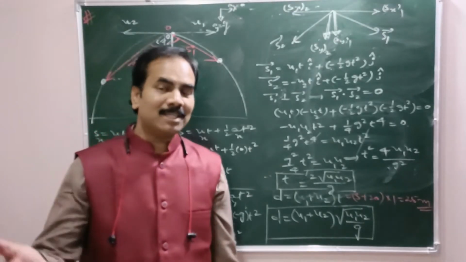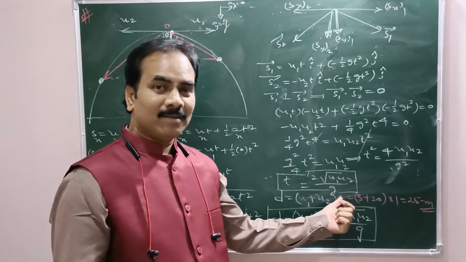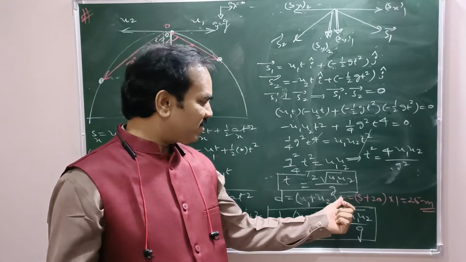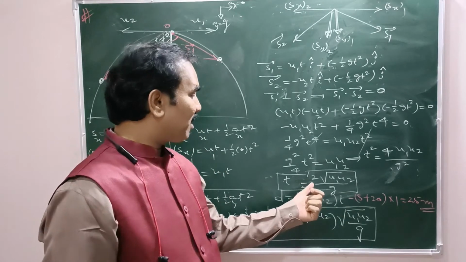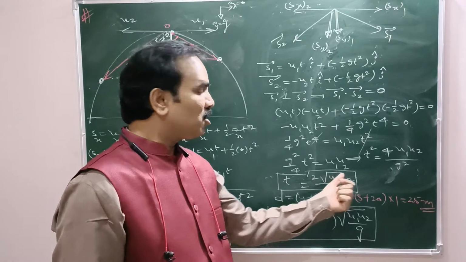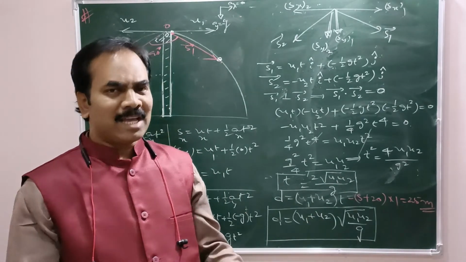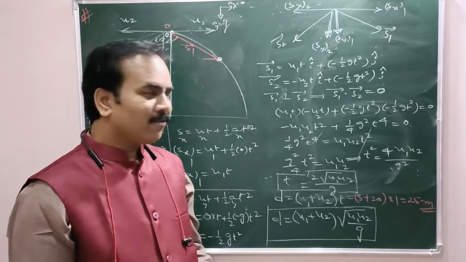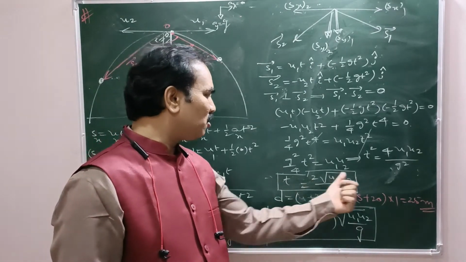The time after which their velocity vectors are perpendicular is root u1u2 by g. But the time elapsed for their displacement vectors to be perpendicular to each other is twice root u1u2 by g. So t equals twice root u1u2 by g.